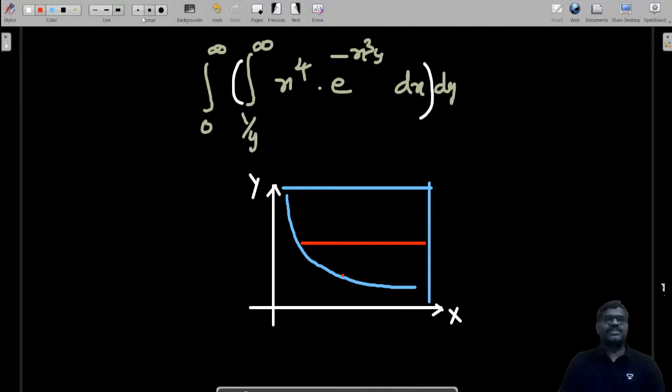So they have considered a horizontal strip. y equal to 0 to y equal to infinite.